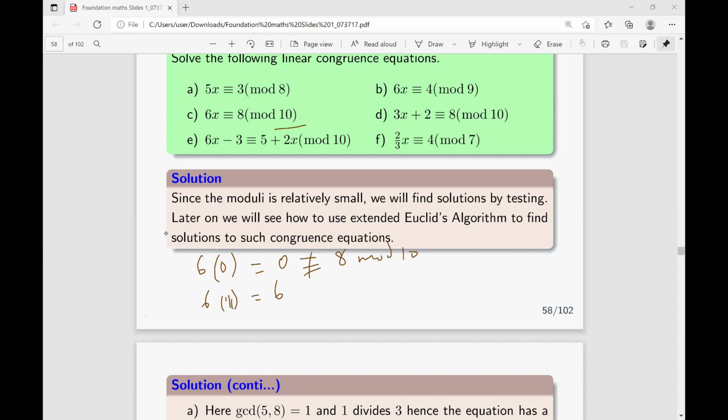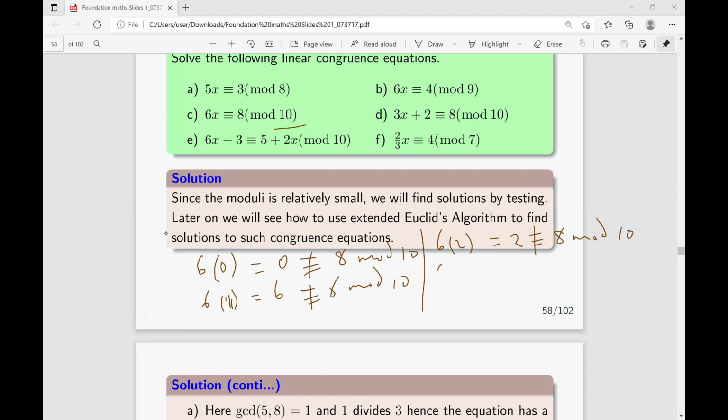And 6 again is not congruent to 8 mod 10. Let's try 2. That is 12. Mod 10, this is 2. Is that okay? And this is not equivalent to 8 mod 10.